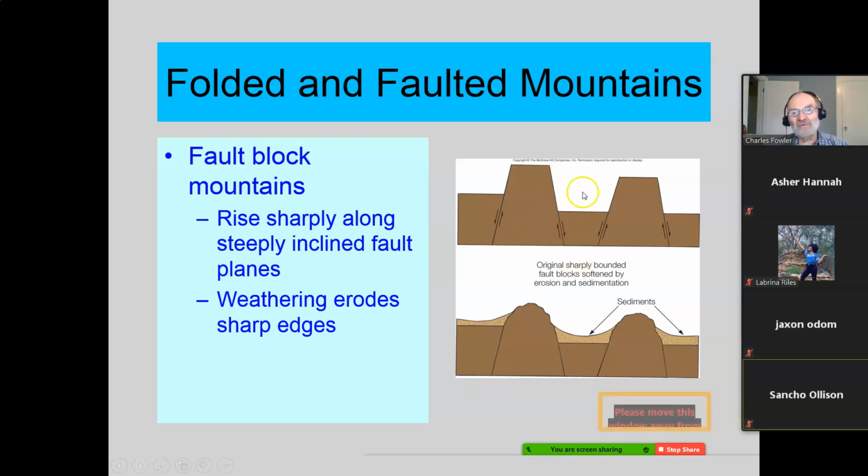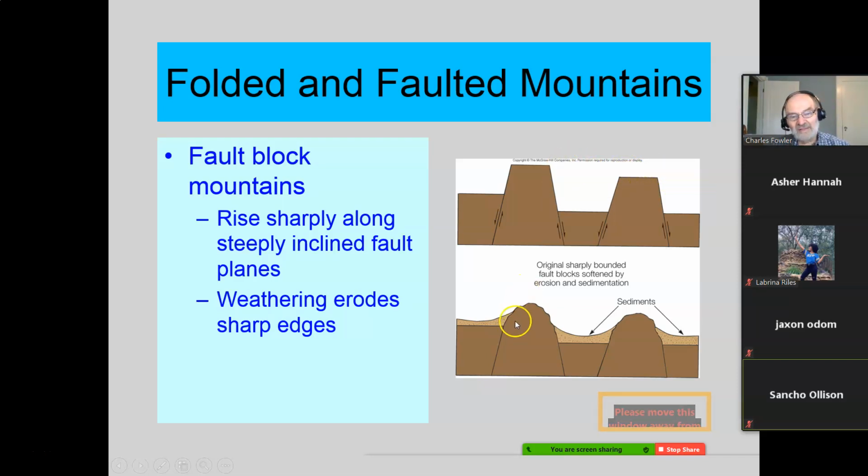But whereas the faults occurred and they were pretty sharp and jagged at one time, over time the weathering wears this down, wears that down, and when it wears this down, it fills in the lower lying areas like here and here and here and here, while this is being worn down here and here and here.